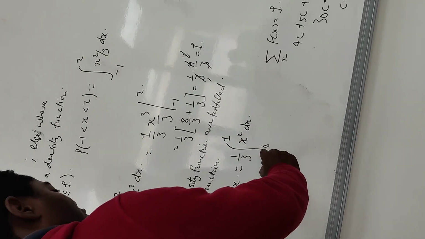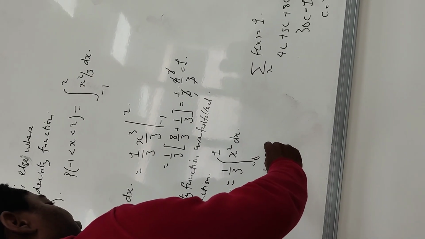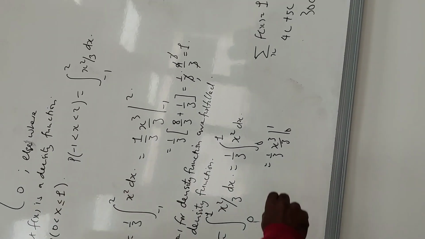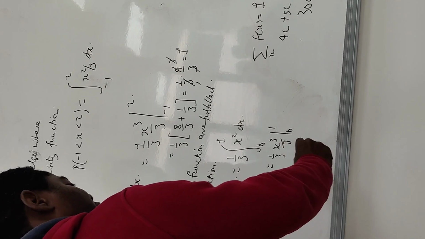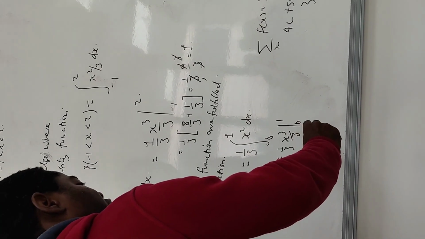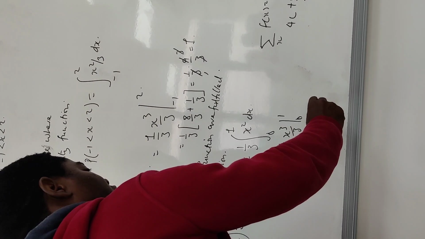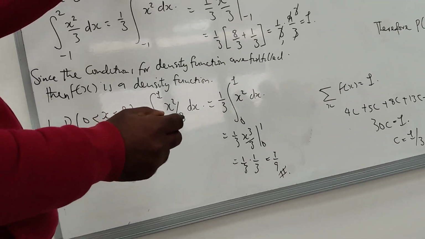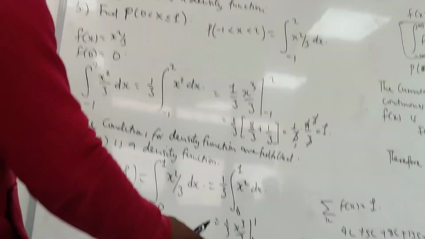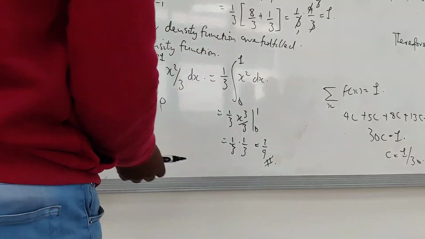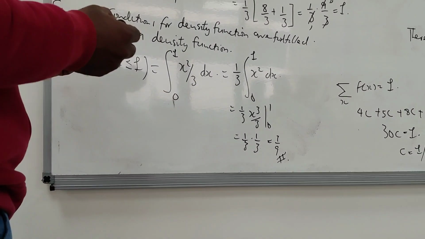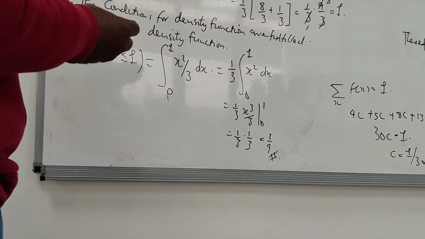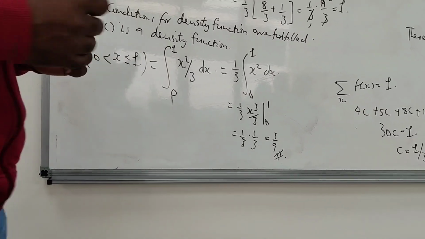Now we have 1 over 3, x cubed over 3 from 0 to 1. Here we have 1 over 3 multiplied by 1 over 3, which is equal to 1 over 9. So the probability within this interval 0 to 1 is given as 1 over 9. Good.